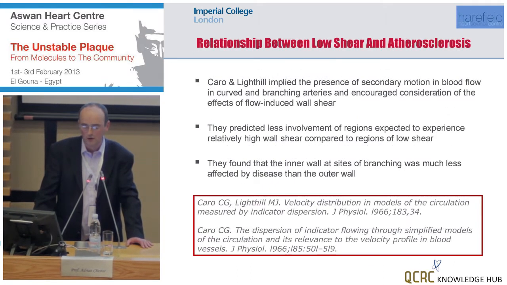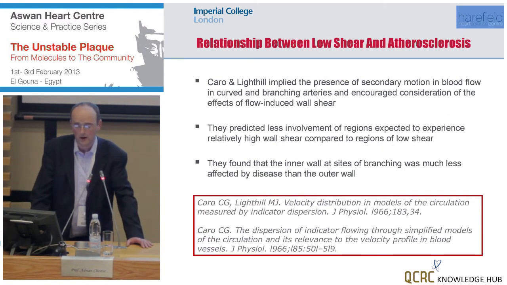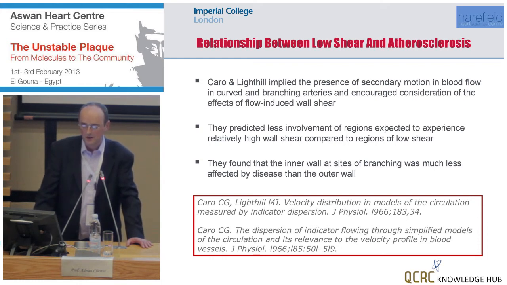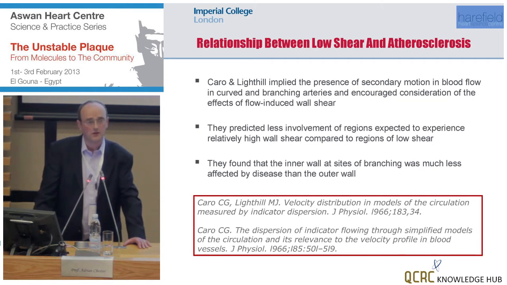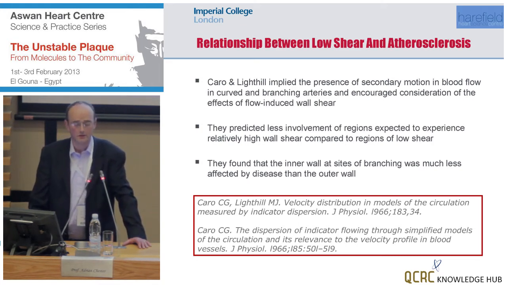It wasn't until a group at Imperial College, led by Colin Caro, suggested that the curving and branching of arteries can promote low shear stress at certain points within the vessel wall. They predicted that these regions were where atherosclerotic lesions would occur, and they were able to correlate these two phenomena, suggesting that low shear stress is a primary event in the atherogenic process.